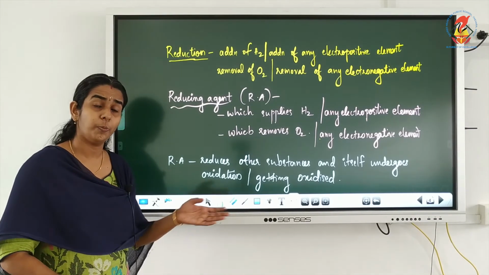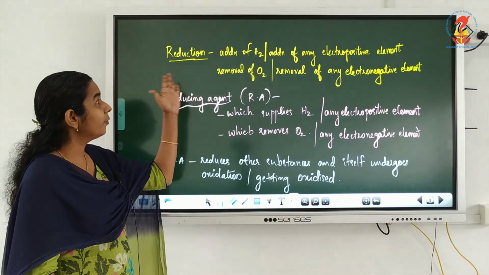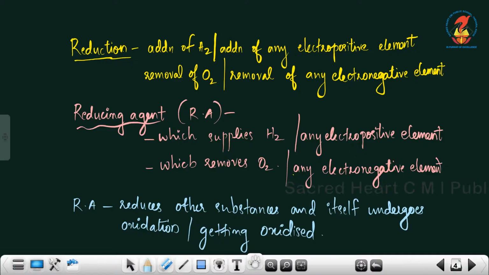It is just opposite to oxidation. Addition of hydrogen, or addition of an electropositive element, or addition of any metal can be considered as reduction, or removal of oxygen or removal of any electronegative element can also be considered as reduction.